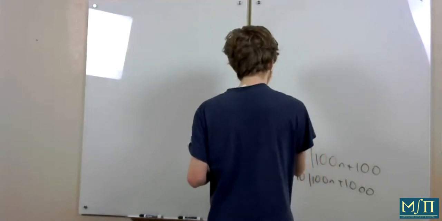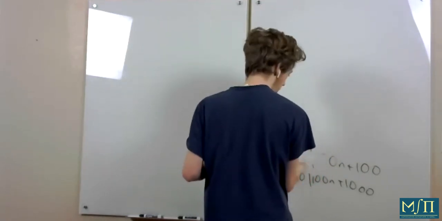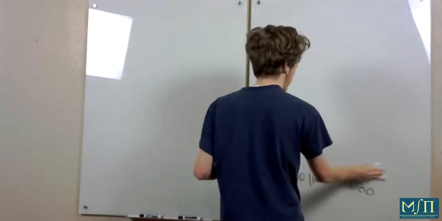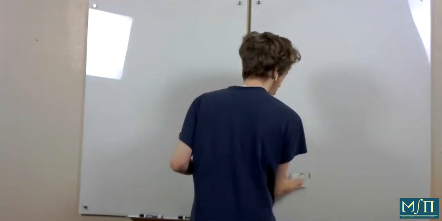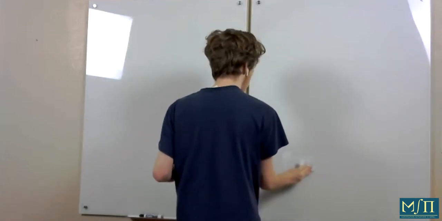Some IMO 1 or 4-level problems are more difficult than others. These problems are not necessarily the most difficult 1s and 4s, but they are for the most part of that level of an IMO 1 or 4. So yeah, let's see this problem about the positive integer n.